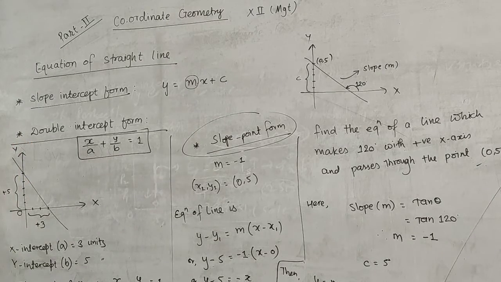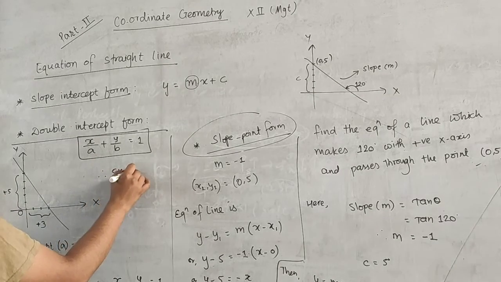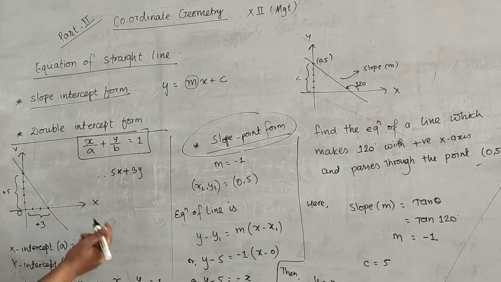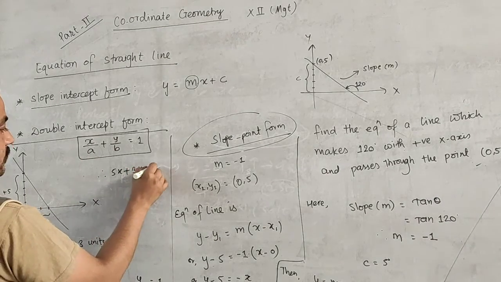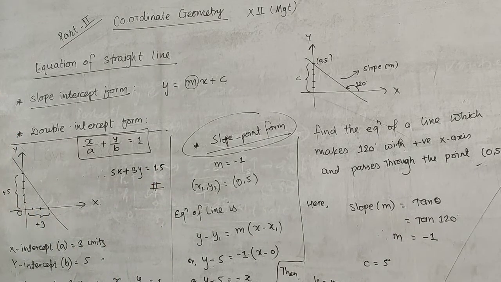Here is no space, so directly I am going to write the answer by taking the LCM 15. The answer will be 5x plus 3y upon 15, which goes by cross multiplying, 15 ones are 15, which is the required equation of straight line. It is the example of double intercept form.